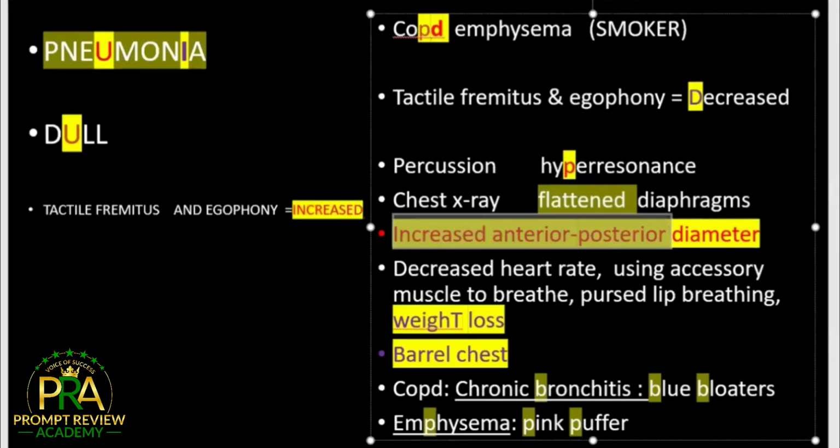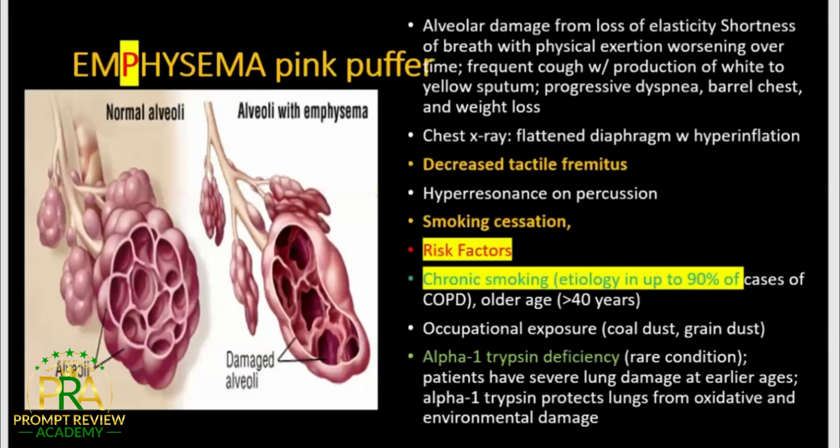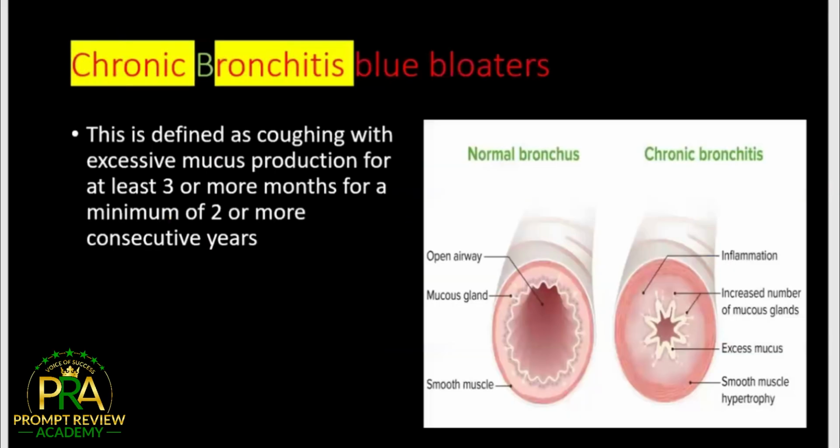So how I always explain these two conditions is like this. For blue bloaters, the sputum is building up, building up, building up, and it is going to block this airway where the air is supposed to be going in, and it is going to make the smooth muscles hypertrophied, or hypertrophy of the smooth muscle.